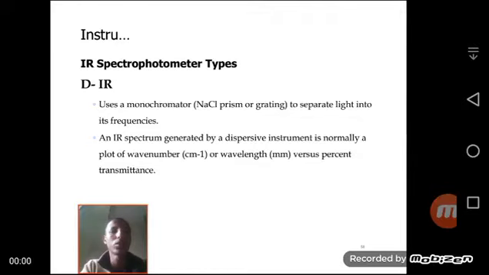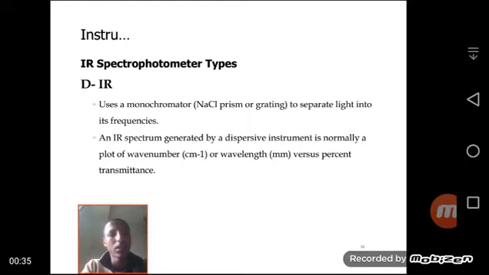Types of spectrophotometer. There are two types of spectrophotometer: the dispersive infrared spectrophotometer and the Fourier transform spectrophotometer. The dispersive infrared spectrophotometer uses a monochromator, for example a sodium chloride prism or grating, to separate light into its frequencies, or to change polychromatic wavelengths or frequencies to monochromatic ones.